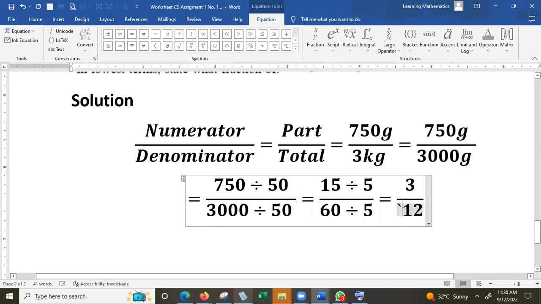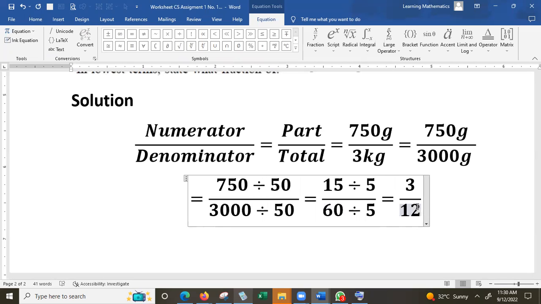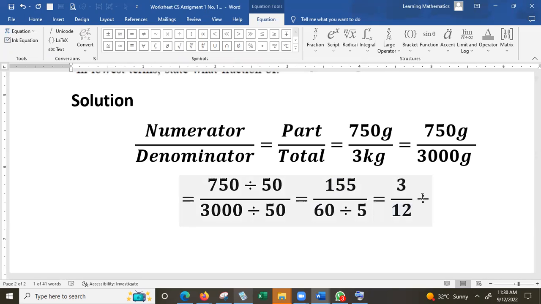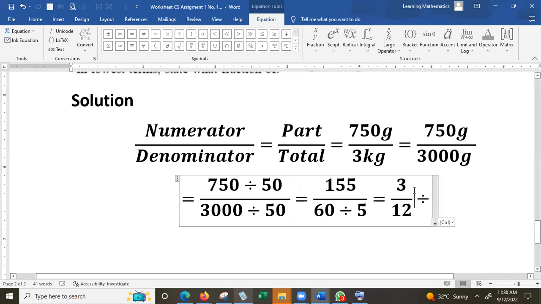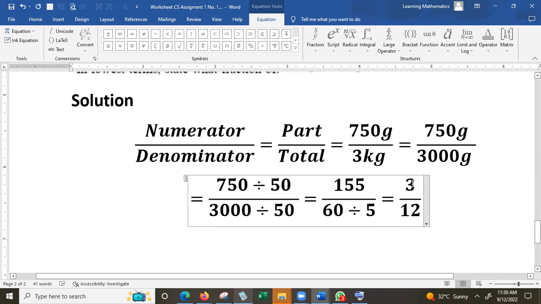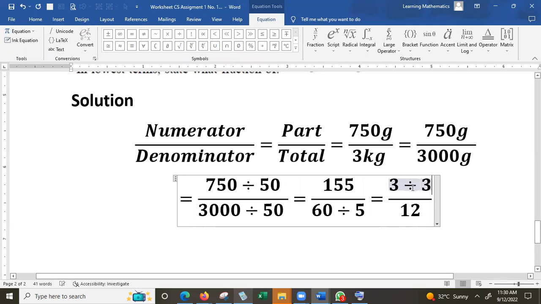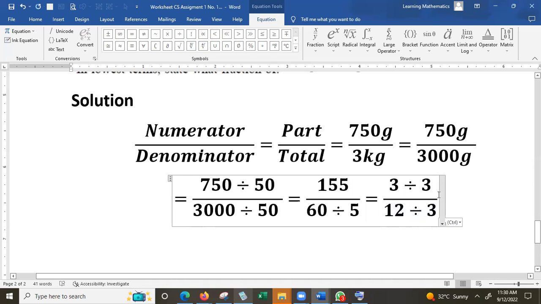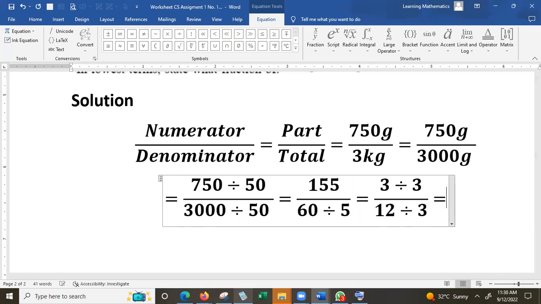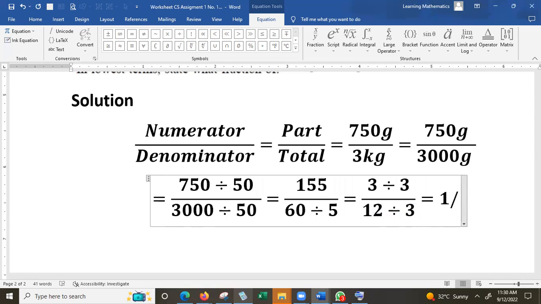And you realize now that 3 over 12 can be simplified. 3 can go into itself once, and 3 can go into 12 4 times. So you continue simplifying: you divide 3 by 3, and you divide 12 by 3. 3 divided by 3 will give us 1, and 12 divided by 3 will give us 4.